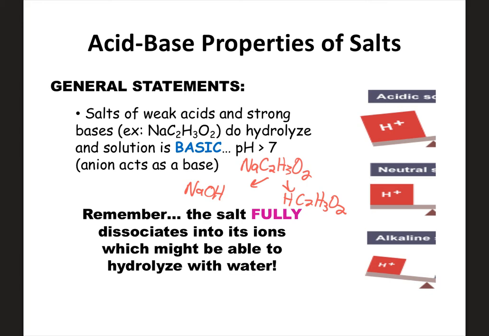All right, remember, salts will fully dissociate into their ions, and one of those ions might be able to hydrolyze with water here to give us a contribution to our pH. And in this case, that's what happens. One of the ions here is going to hydrolyze with water and give us a basic pH because this salt came from a weak acid and a strong base.